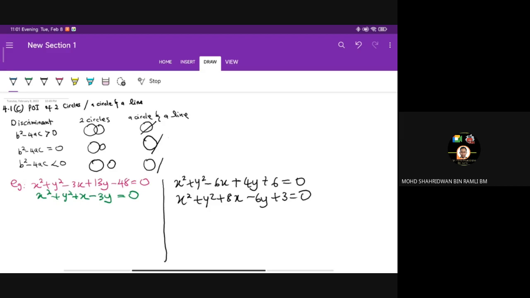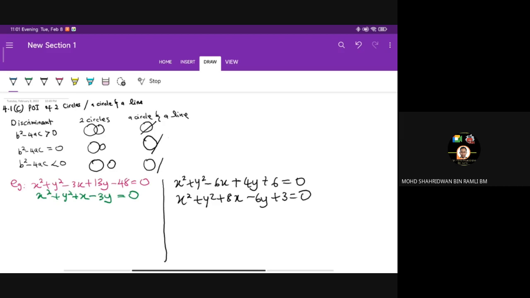Next, you also need to know how to identify the center and radius when you are given a standard equation or a general equation of a circle. That one is for part A.